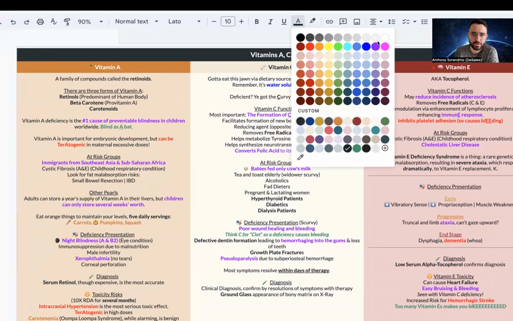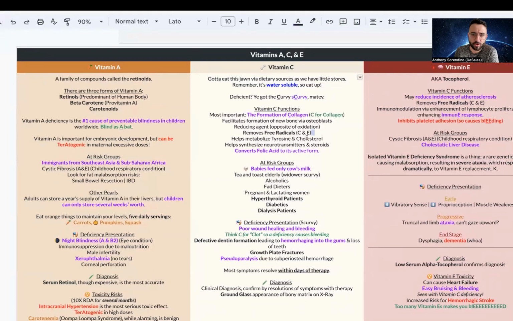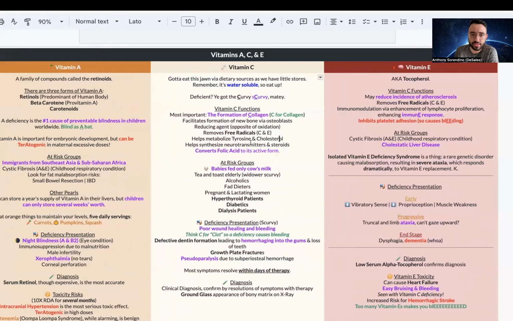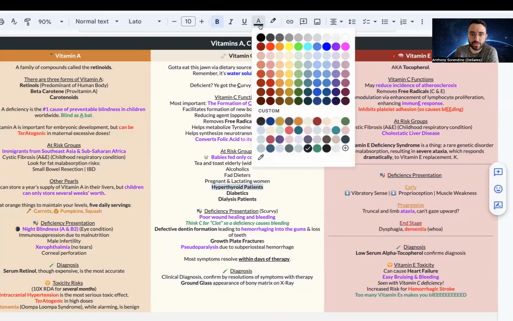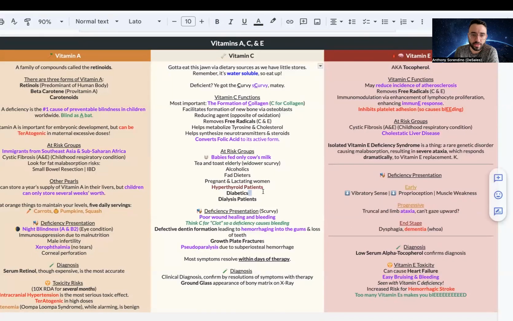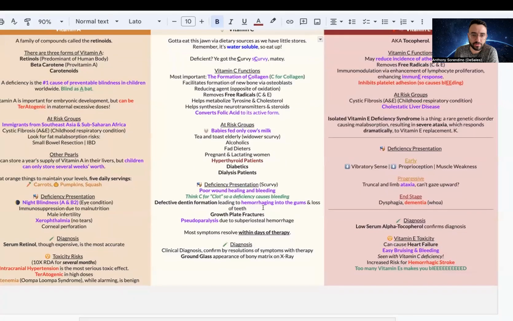Got the curvy, scurvy. Most important, the formation of collagen, C for collagen, removes free radicals, C and E. Yeah, hyperthyroid patients, this kind of stood out to me. Diabetics, dialysis.